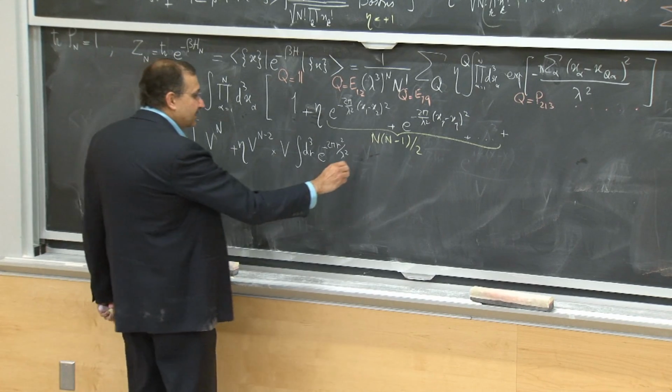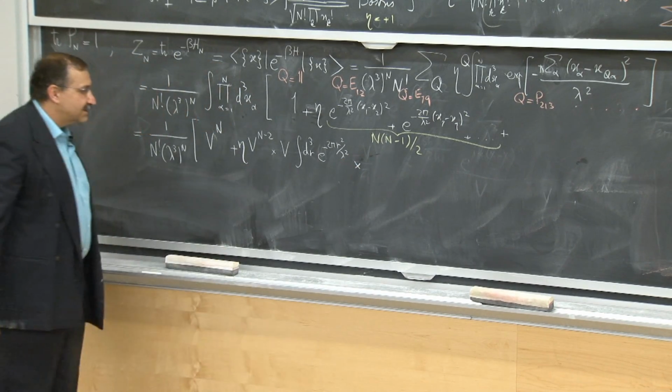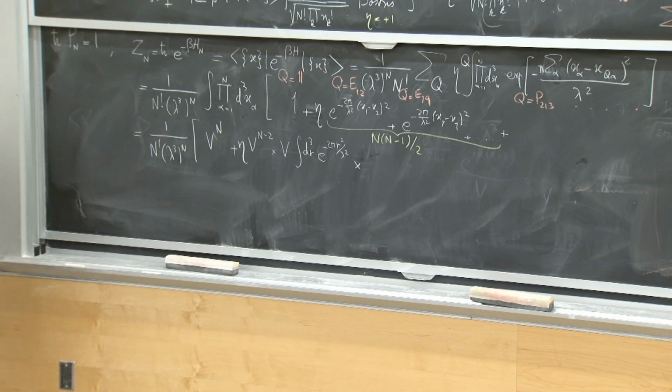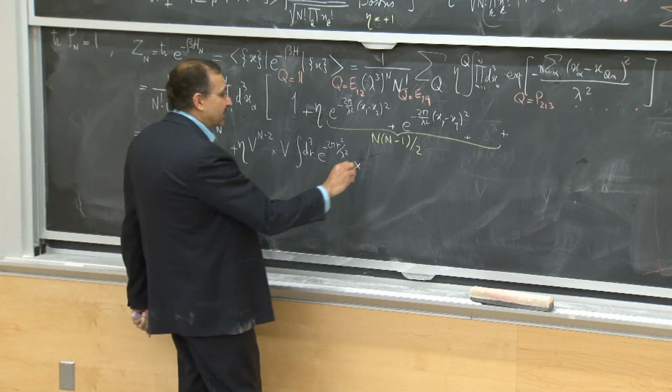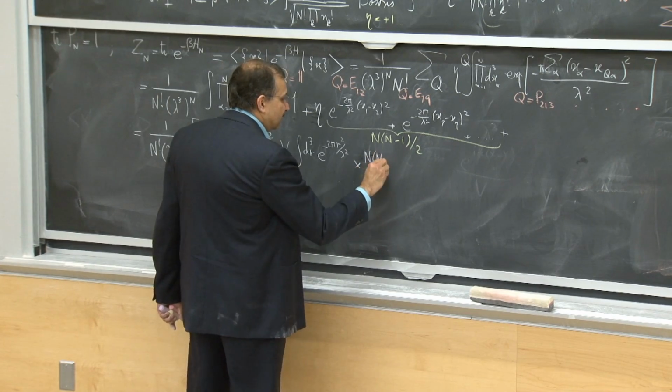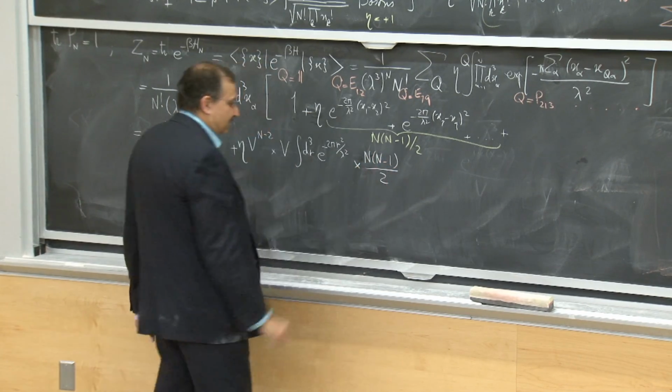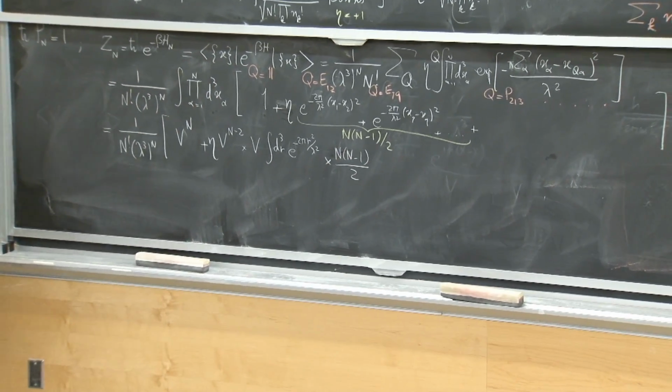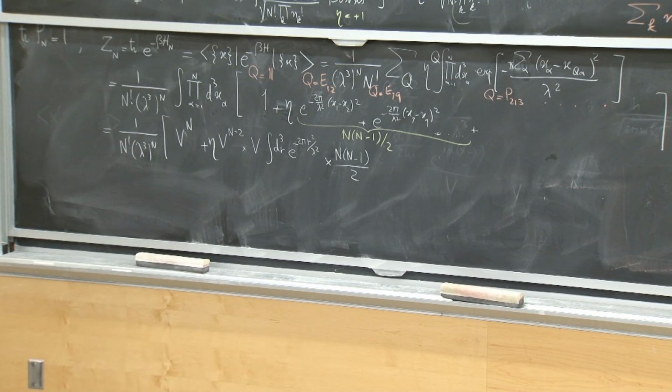And I said that I would get the same expression for any of my n times n minus 1 over 2 exchanges. So the result of all of these exchange calculations would be the same thing.